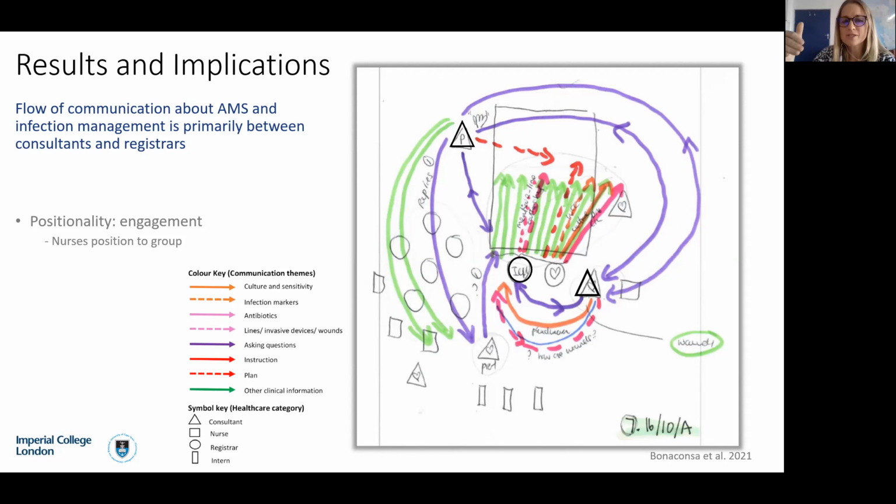We also noticed that where people stood around the ward round actually determined their level of engagement. So there was a link for us between positionality and engagement. People who stood within the inner circles tended to be more engaging, while those who stood on the outside often didn't make a contribution.